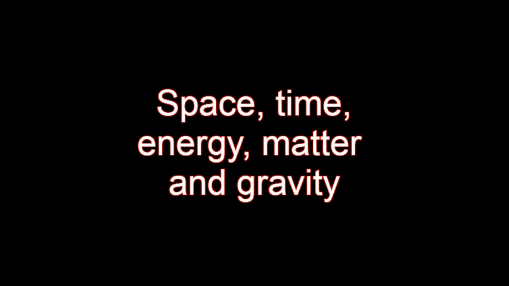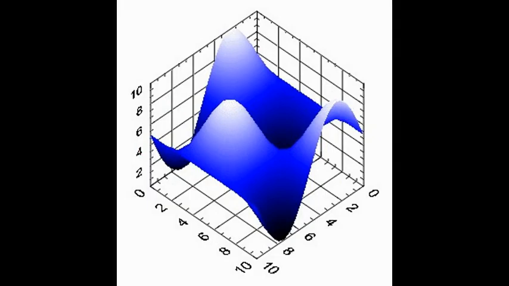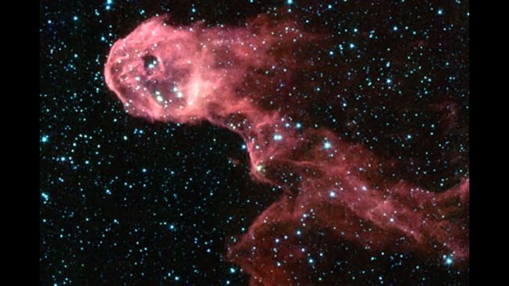Space, time, energy, matter, and gravity. Space is a mathematical concept that is like a stage. It is used by energy as described by forces and by matter as described by masses so that they can be located in space so their size and shape can be described.